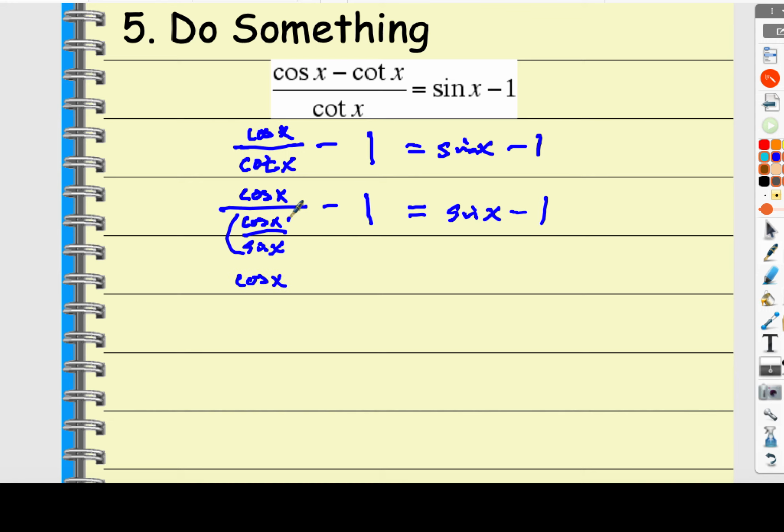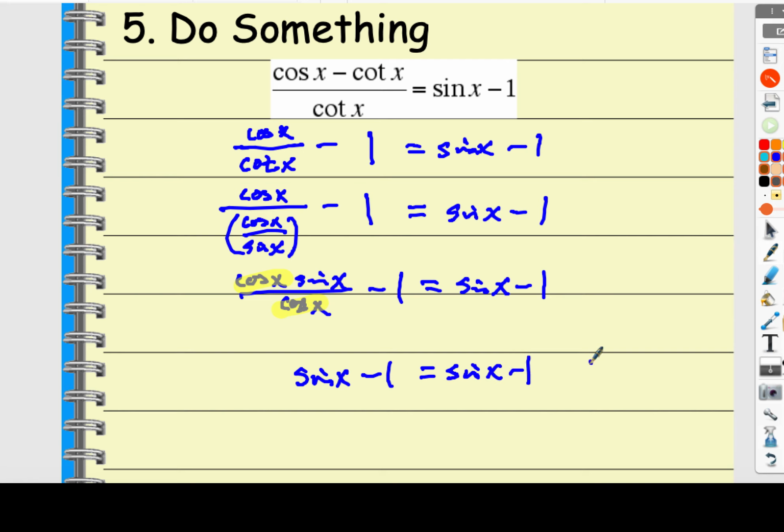I'm going to take this fraction on the bottom and multiply sine x on the top, cosine x on the bottom. And finally, cancel those cosines. And the sine of x minus 1 equals the sine of x minus 1. And therefore, QED, we proved what we wanted to prove.